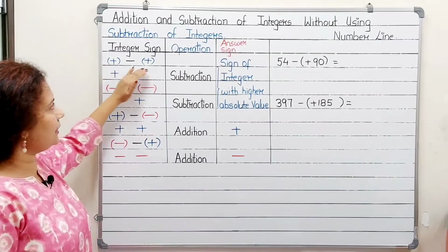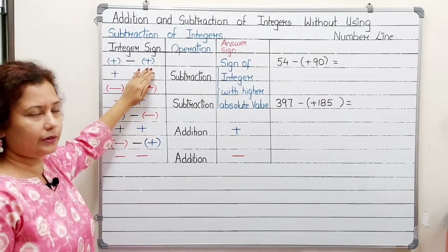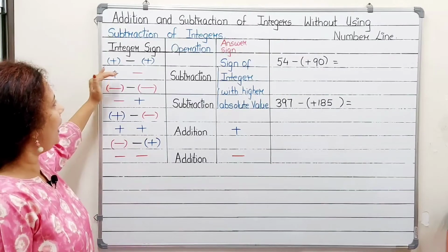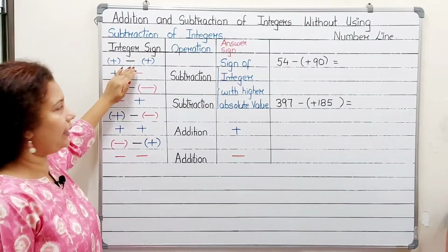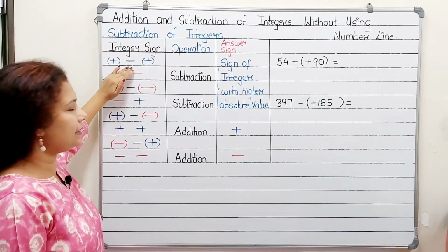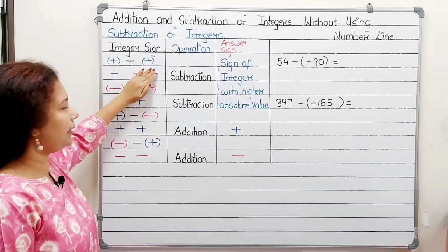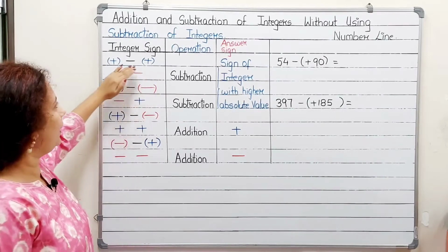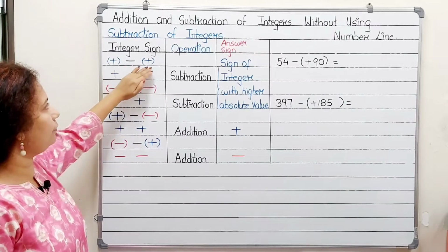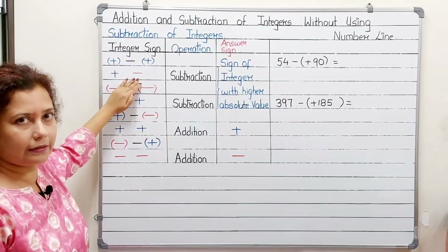When we are subtracting two positive integers, we write first positive integer as it is, and one sign is outside the bracket and one sign is inside the bracket. That is, minus is outside the bracket and plus is inside the bracket. Minus plus becomes minus, or negative positive becomes negative.